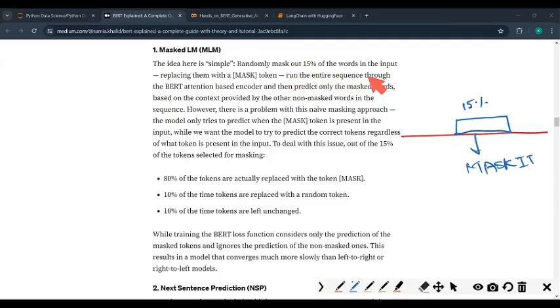Now, run the entire sequence through the BERT attention-based encoder and then predict only the masked word, based on the context provided by the other non-masked words in the sentence. So we are telling BERT that you have to predict the masked word. You want to learn how a statement works? How is a statement created? You want to learn that, right?